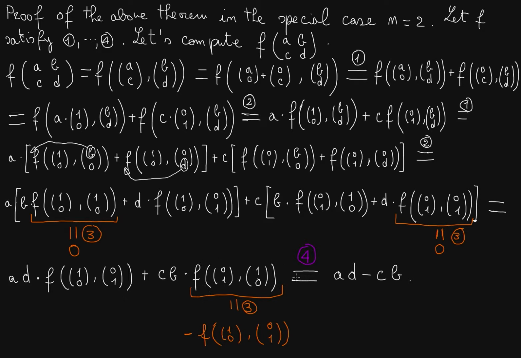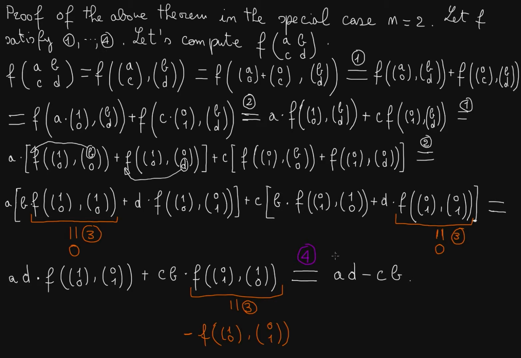Summing up, we end up with the following expression, AD minus CB. So as we see, after having used all the properties 1 through 4, f applied to the matrix ABCD necessarily will have to be equal to the following expression, A times D minus B times C. So there is no other possible definition of f if f satisfies properties 1 through 4.